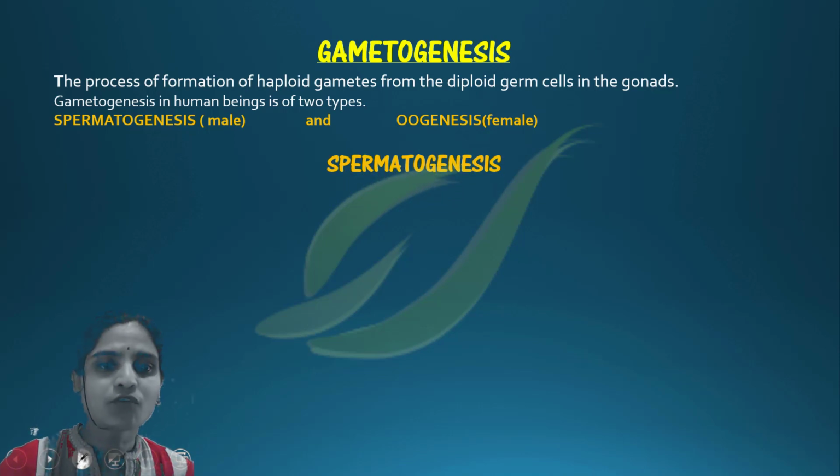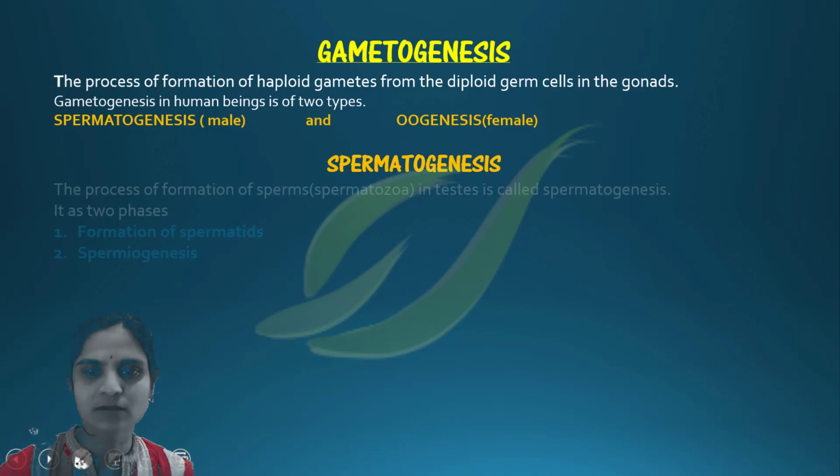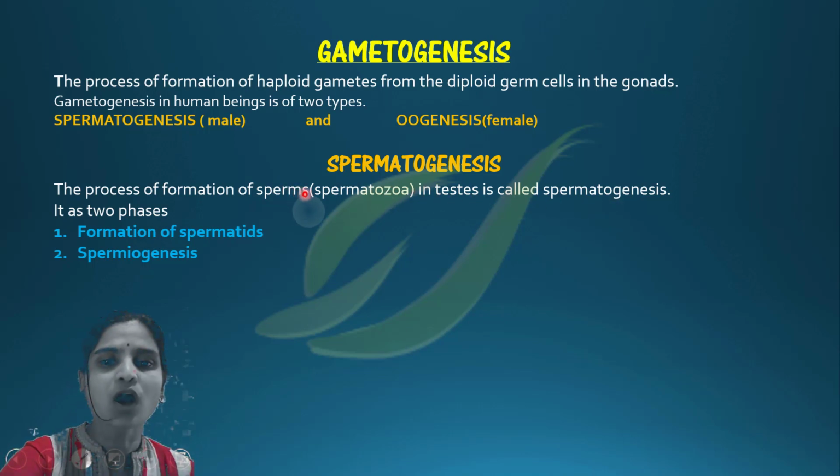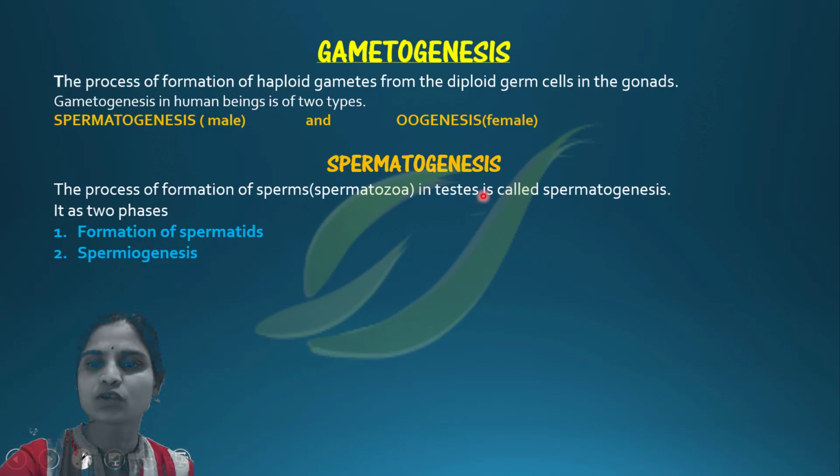Now first we are going to study spermatogenesis. The process of formation of sperms in the testis is called spermatogenesis. Sperms or spermatozoa, both are one and the same.